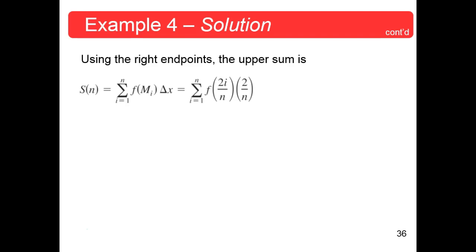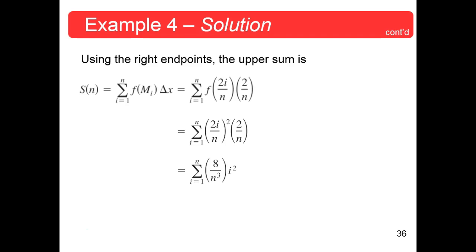Using the right endpoints for the upper sum, that would be f of 2i over n, which is 4i squared over n squared. So that's going to be 8n cubed, because it's 4n squared over 2 times 2n squared times i squared.